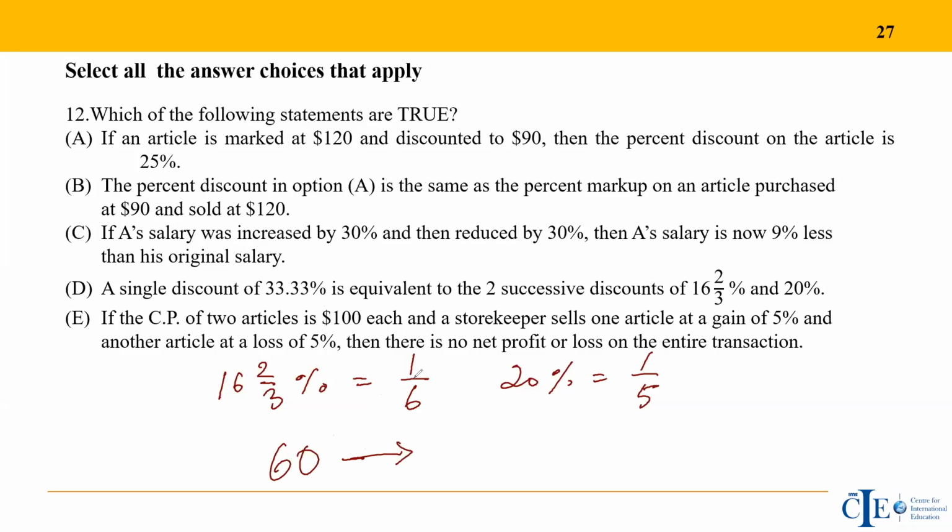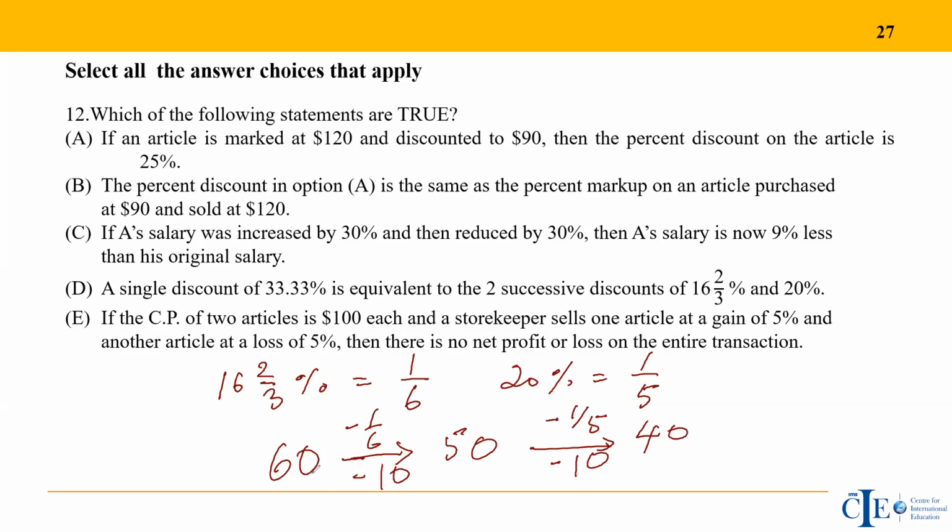I gave a discount of 16 2 by 3, meaning I discounted it by 1/6. 1/6 of 60 is 10, so I reduced it by 10, which brings it to 50. Then you reduce this 50 by another 20%, which is 1/5. 1/5 of 50 is again 10, so now it is at 40.